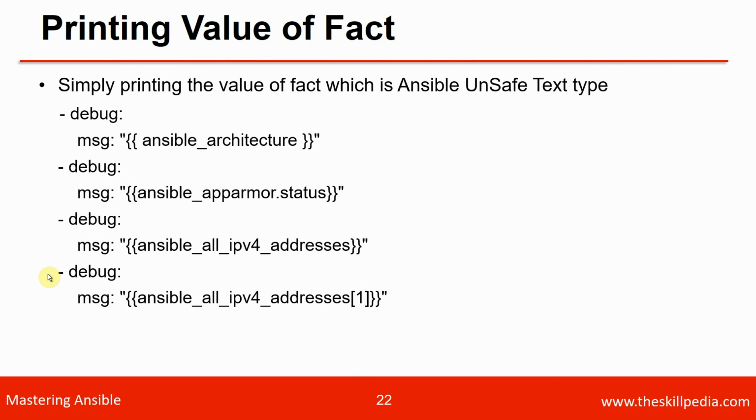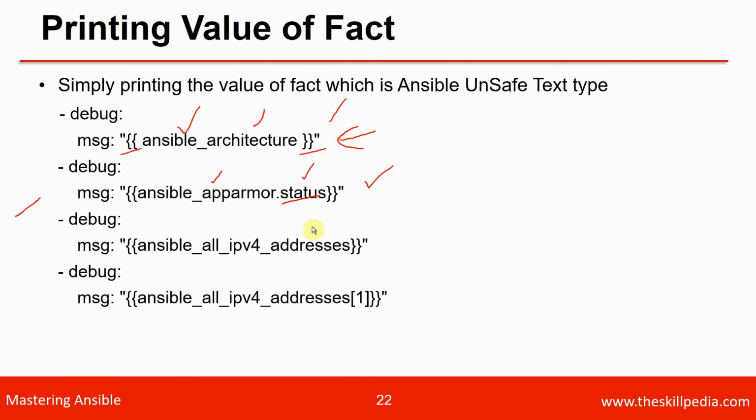Printing the value of the facts is a very good simple example. For ansible_architecture, because it is Ansible unsafe text, you simply have to display the variable by putting it into double curly braces. If it is a dictionary item, like ansible_apparmor, you have to provide the dot key. The key is status here: ansible_apparmor.status. So this is how you specify the key.